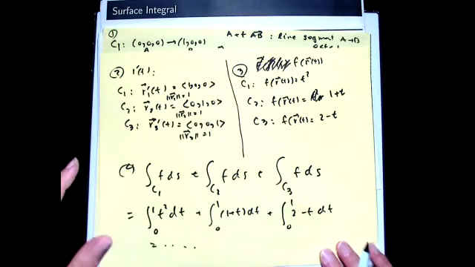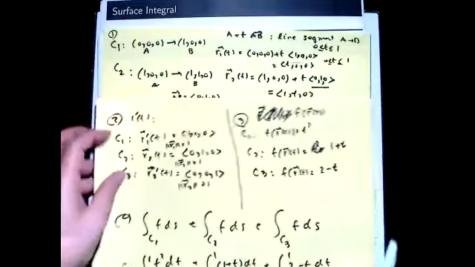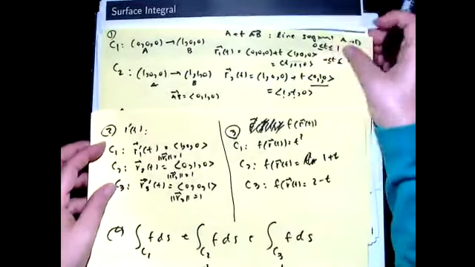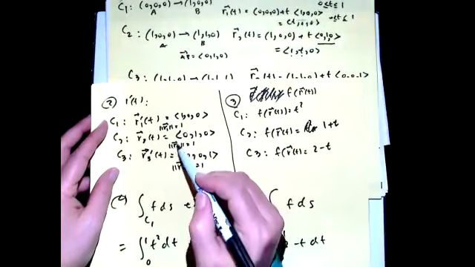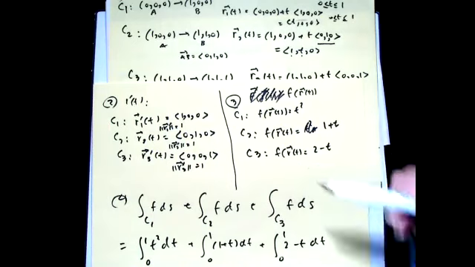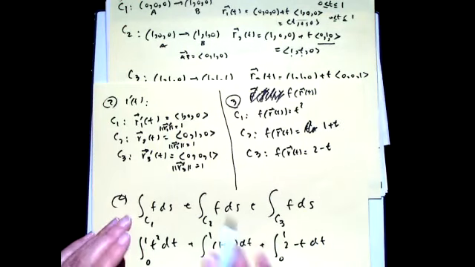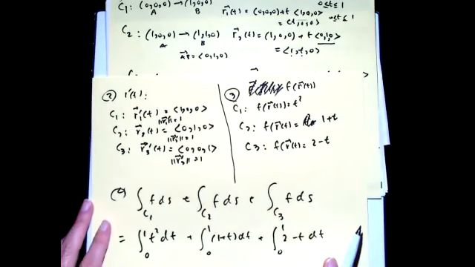Everybody with me? So what were the steps? Each piece we parameterized. Each piece we found the magnitude of R prime. Each piece we evaluated f at r sub i, and then we computed the entire thing together.